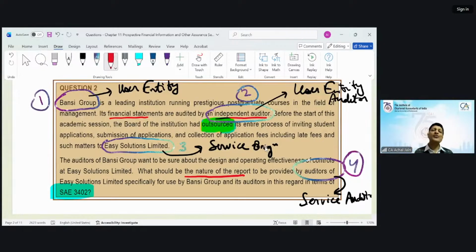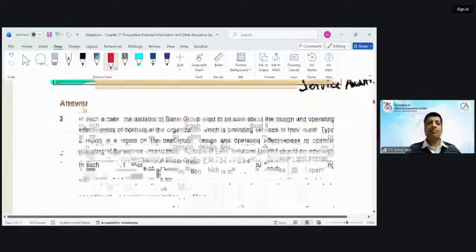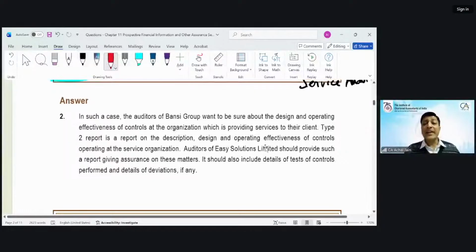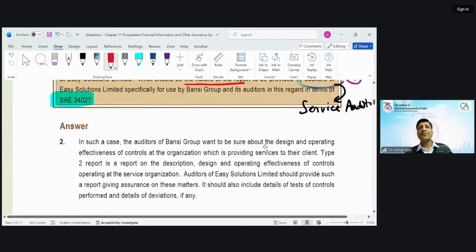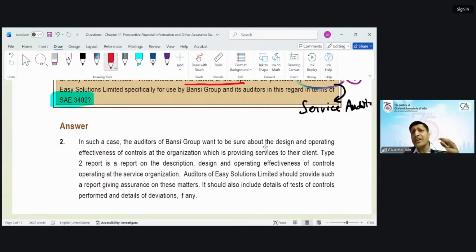Now the question simply wants an understanding of the type of report which is in place. So this is a relatively easier requirement because over here you just need to identify the type. You should have complete clarity, because in the question you may also be asked to explain what type 1 or type 2 is all about. So in the given case, what do you have?